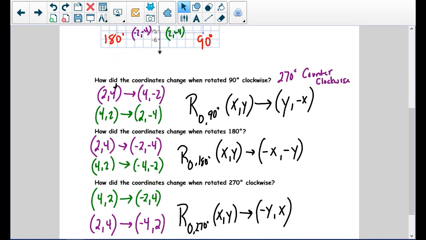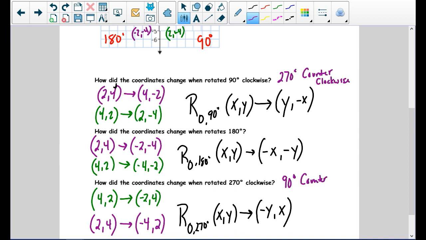So 270 clockwise is the same then as a 90 degree counterclockwise. Okay, so 90 clockwise and 270 counterclockwise are the same rule. 180 is the same both directions, and a 270 clockwise and a 90 counterclockwise is the same rule.